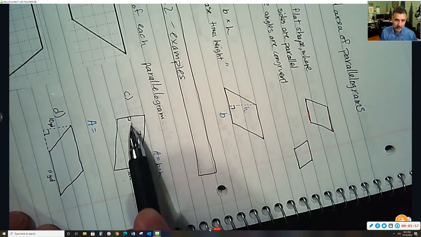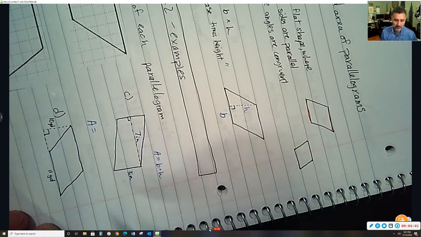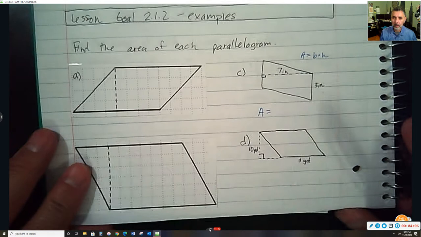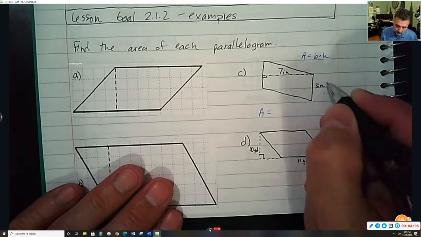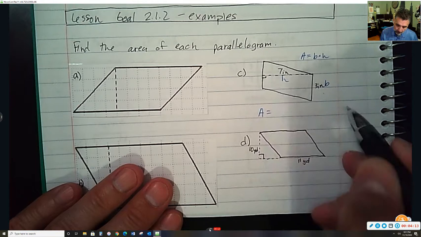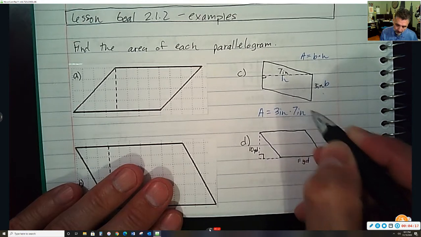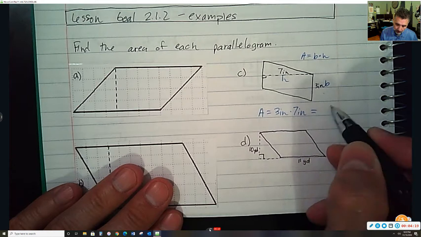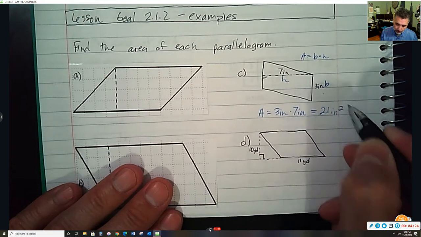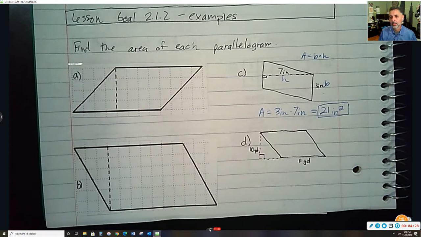And again, the height goes straight up and down, not slanted like these lines are slanted. So the area would be 3 inches times 7 inches. Multiply the 3 and the 7 to get 21. Inch and inch makes inches squared. So that would be 21 inches squared.